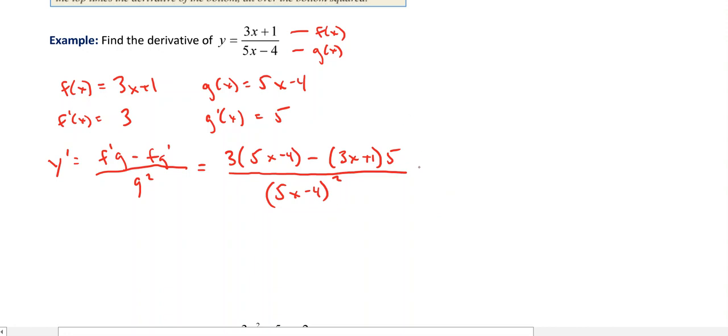Well, now we just need to simplify a little bit. So let's clean up the numerator. We can distribute this 3 and we can distribute this 5. So 3 times 5x is 15x. 3 times the negative 4 is going to be minus 12. Then we have 5 times 3x, and that's minus, so that's minus 15x. And then we have 5 times 1, and that's a minus 5.